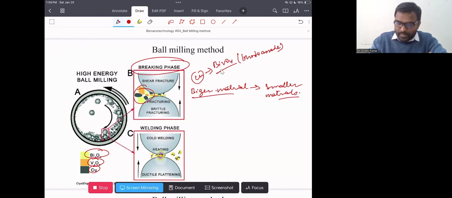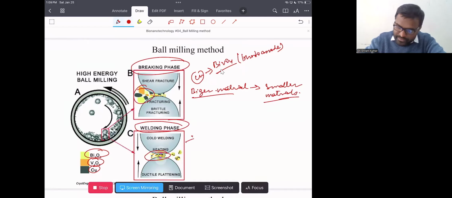After multiple times, as the bigger materials break down into smaller materials, ultimately we will get nanomaterial kinds of structures. And the second phase is the welding phase, where we have very small particles that combine together, and that forms in the nanomaterial range.